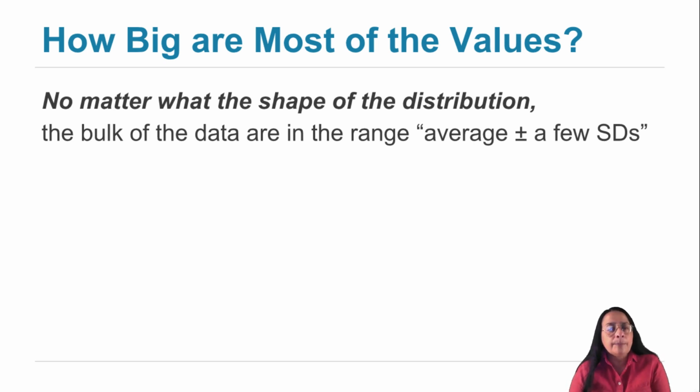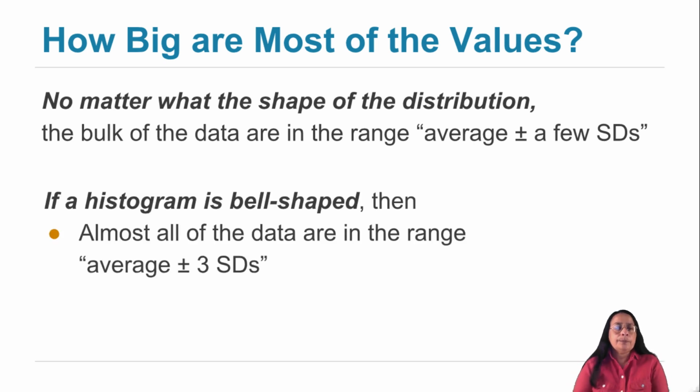You can do much better than a bound. You can get an approximate value. If the histogram is bell-shaped, then almost all the data are going to be in the range average plus or minus 3 SDs. In general, you can say average plus or minus 5 SDs, but if the histogram is bell-shaped, then you know that you're going to capture pretty much everything in the range plus or minus 3 standard units.